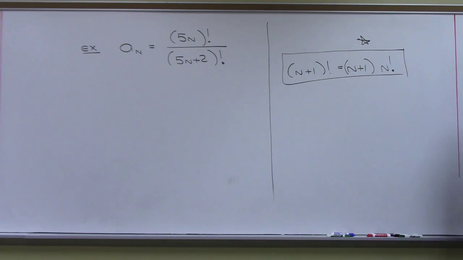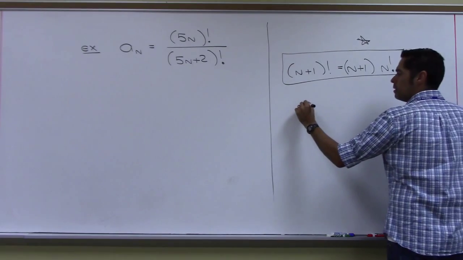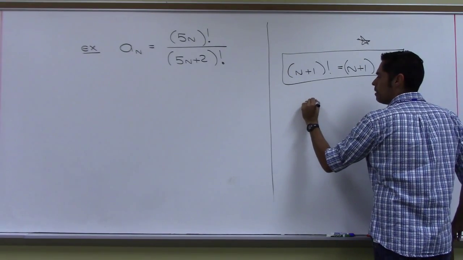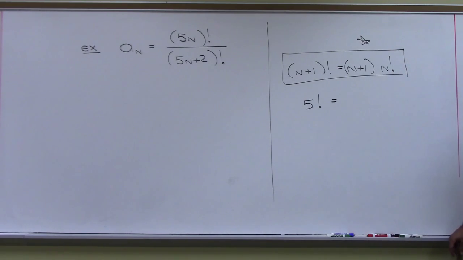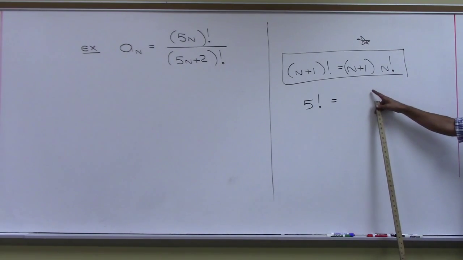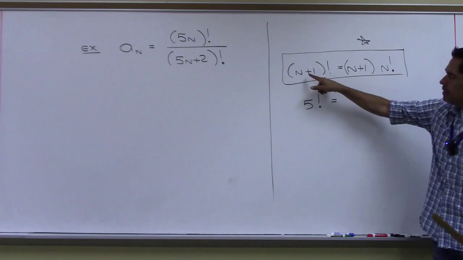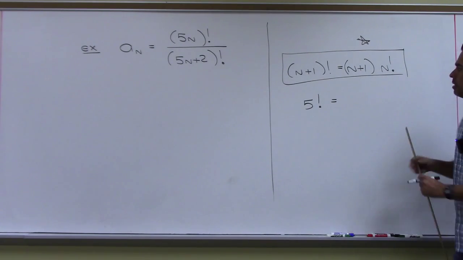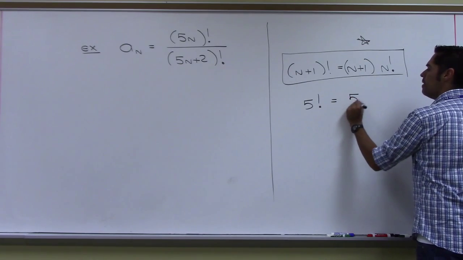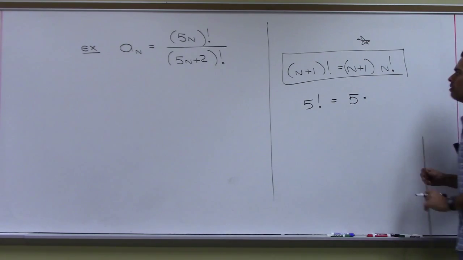Now let me just explain what this is. Let's say I write 5 factorial. According to this property, the n plus 1 we have here is 5, right? So this should be equal to 5 times what?